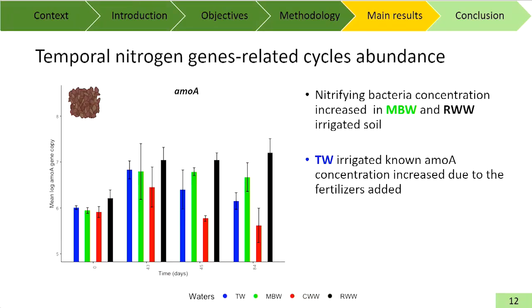Now, I'm going into detail about the functional genes. First of all, for the amoA gene, the concentration of nitrifying bacteria in soil only increased in soil irrigated by membrane bioreactor treated wastewater and raw wastewater, and a little bit for potable water due to the fertilizers added, and no increase for constructed wetland treated wastewater.